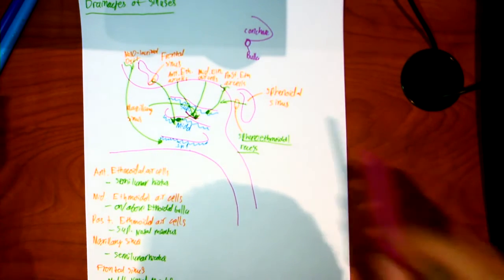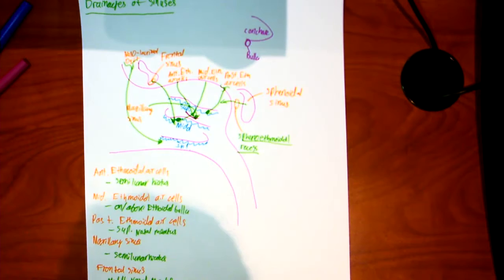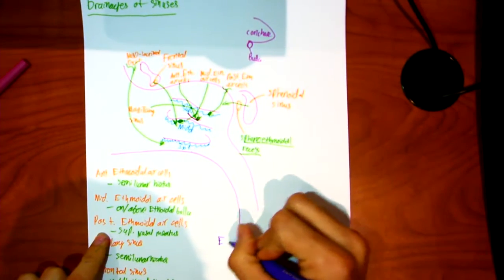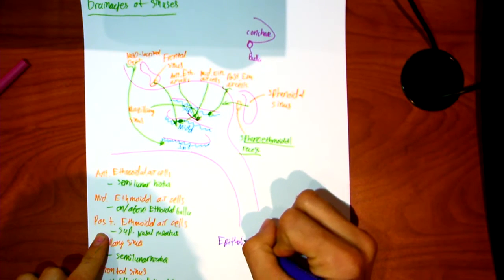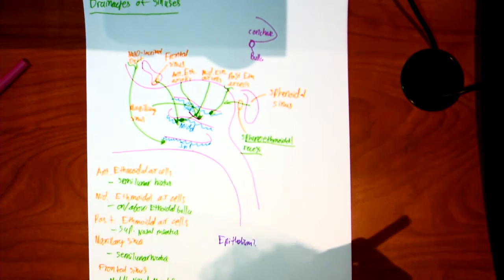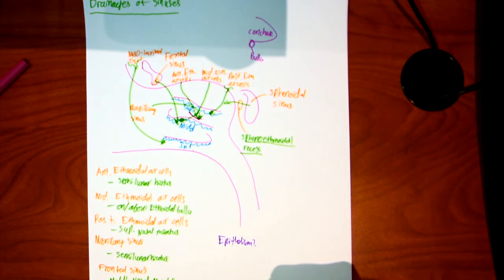All right. Now, just to make sure you guys have been awake. What's the epithelium type here? Say it again. Non-keratinizing squamous. Do you guys agree? Right now we're looking at part of the nasopharynx and the nasal cavity.